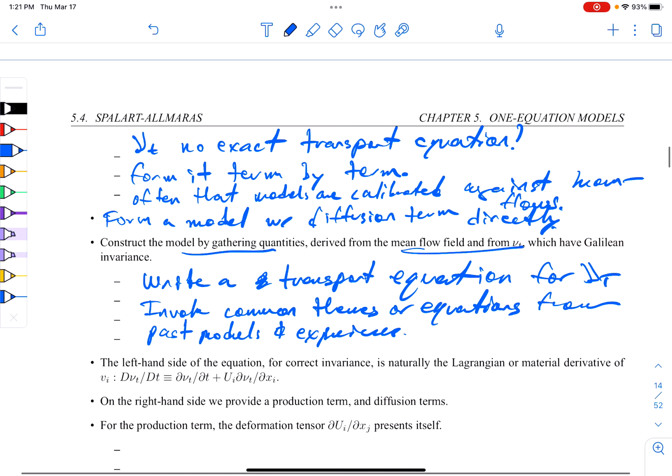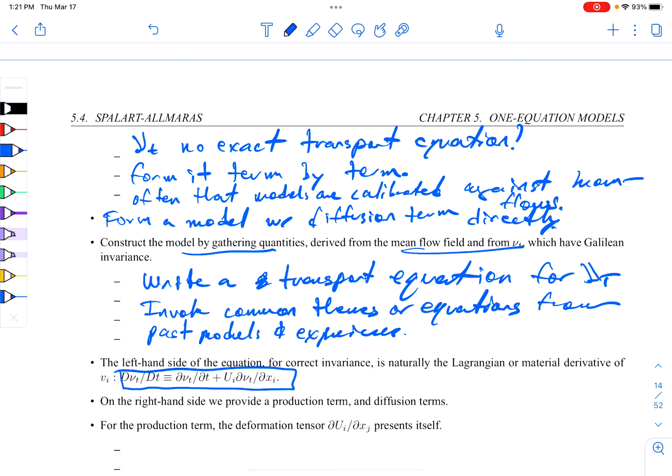So you have a left-hand side and a right-hand side of a transport equation for eddy viscosity. The left-hand side can be written as a material derivative: partial nu_t, partial t plus U_i, that's the mean flow U, V, W, partial nu_t, partial x_i. That's just the easiest choice because all the equations look like that. Then the right-hand side could be like previous models: you've got sources, sinks, production, diffusion, destruction.